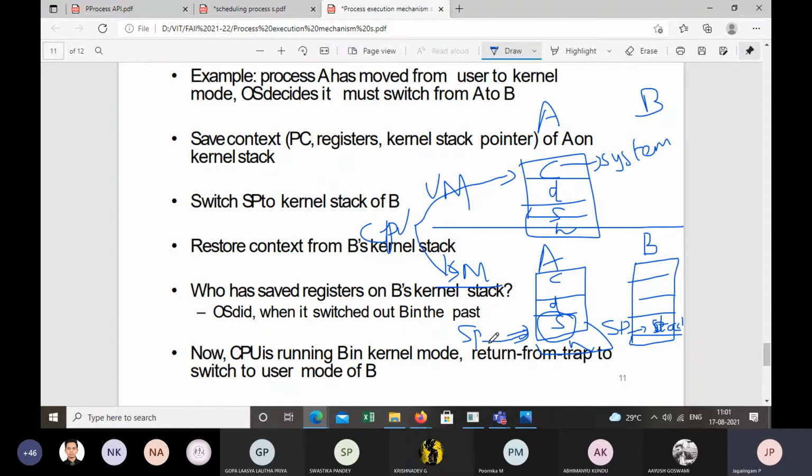Initially SP was pointing to the stack of process A. After the operating system decides to switch to process B, the stack pointer will point to the stack of process B. Now in the stack of process B, we have the value of the program counter, the old PC value.